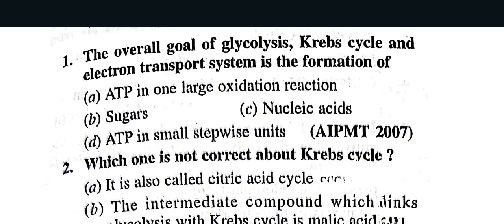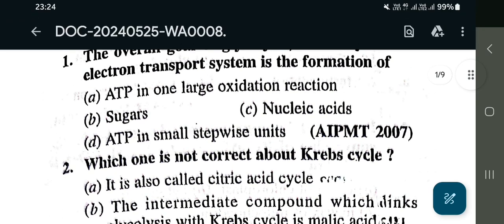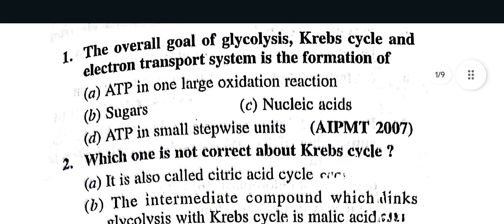So these are steps through which ATP or adenosine triphosphate is formed. Sorry, the answer of this previous question is option D, ATP in small step-wise units.